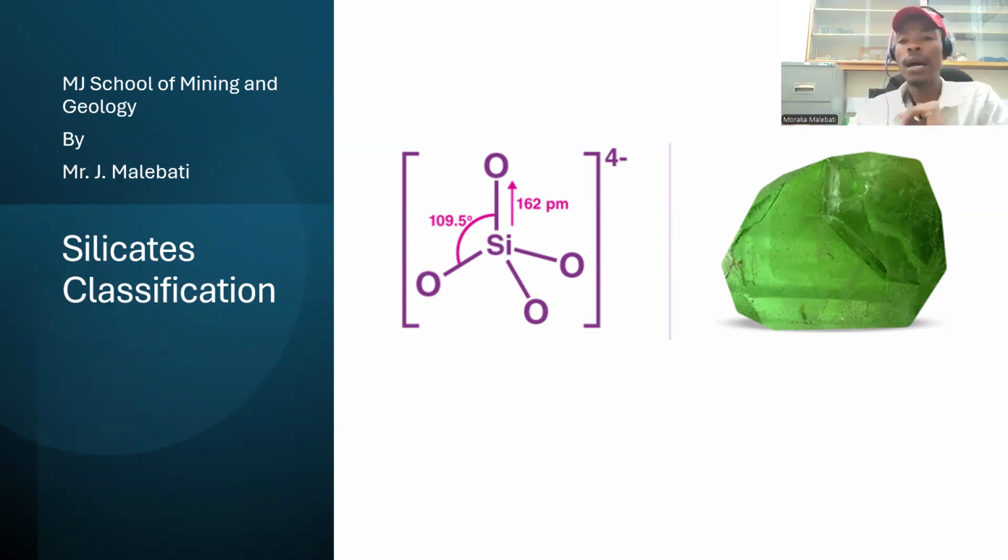These silicates have the silicon tetrahedron structure, wherein we've got the silicon in the center, surrounded by four oxygens. We will be talking about olivines, pyroxenes, micas, and many others.